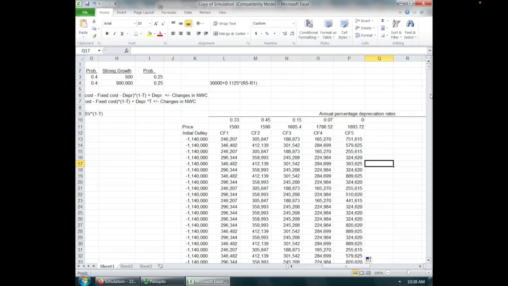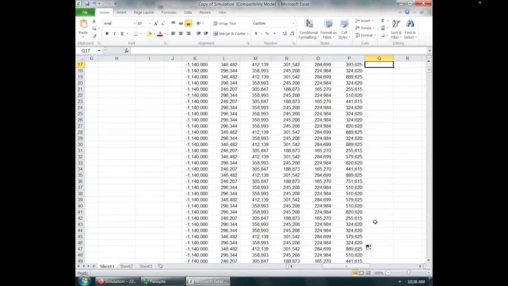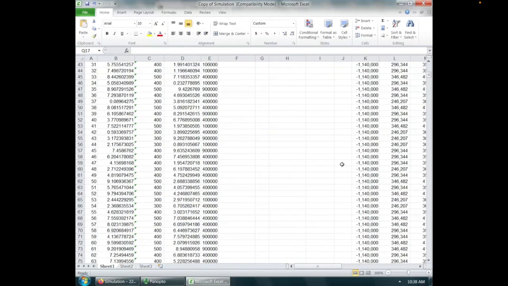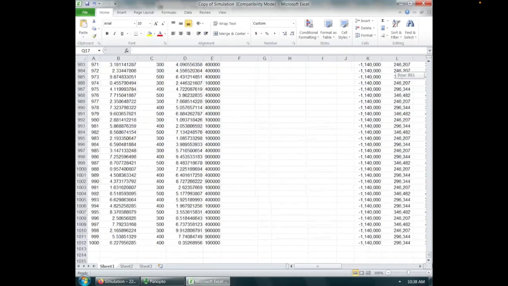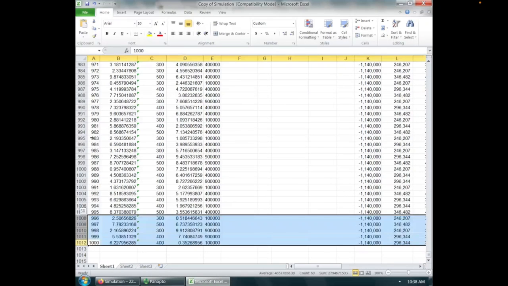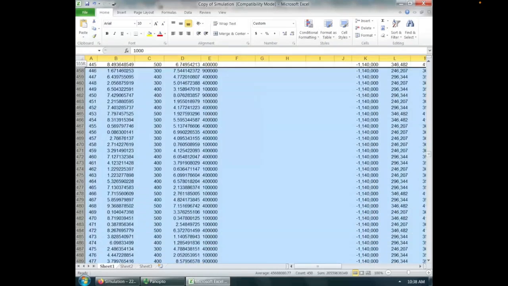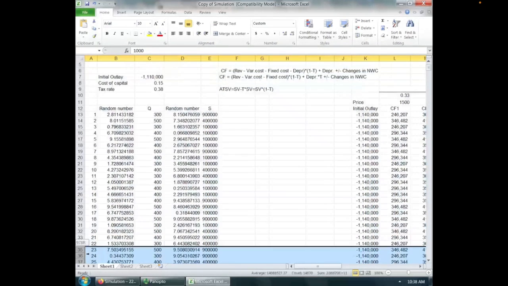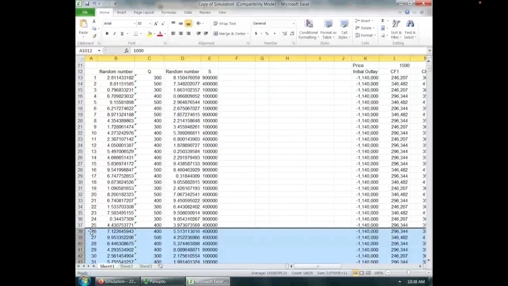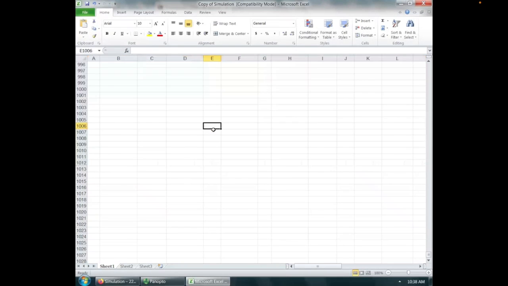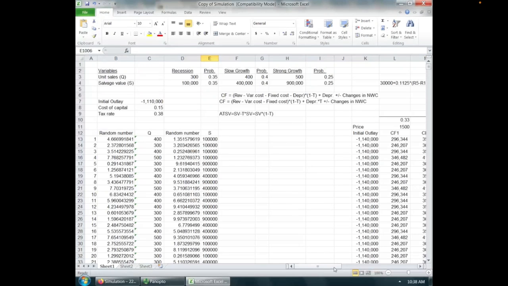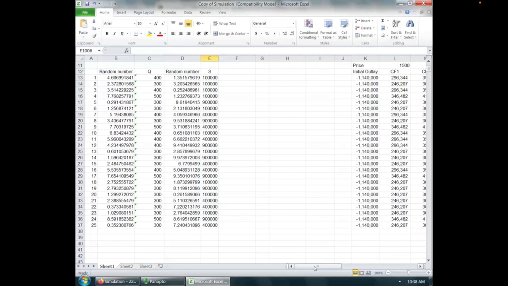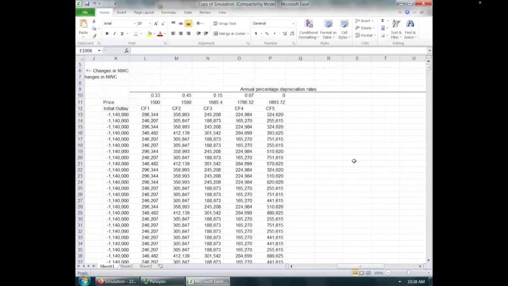So there you have the cash flows for 1,000 iterations. Here in the original file I had 1,000 iterations. You don't need to use 1,000 iterations. I'm asking you to do only 25. So feel free to get rid of all that part of the spreadsheet.